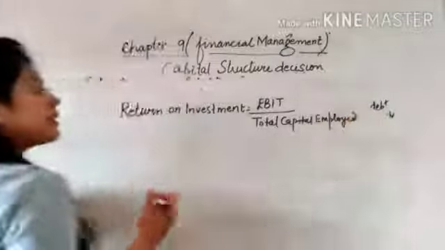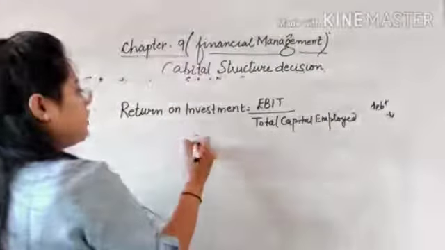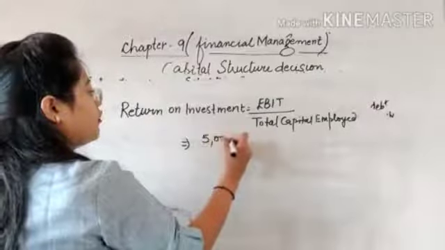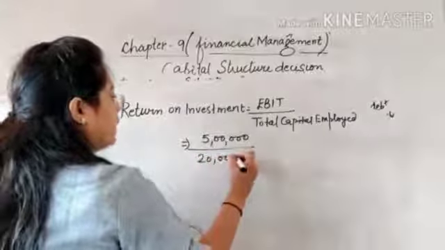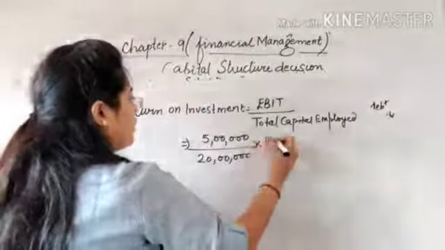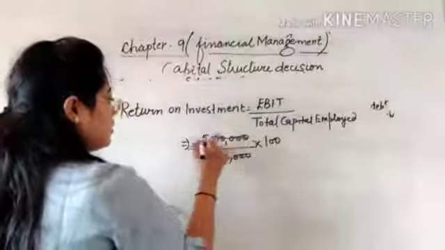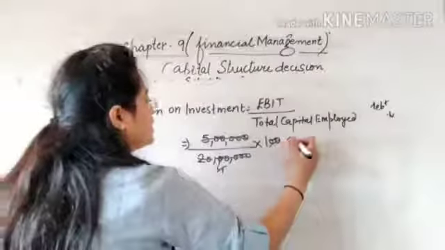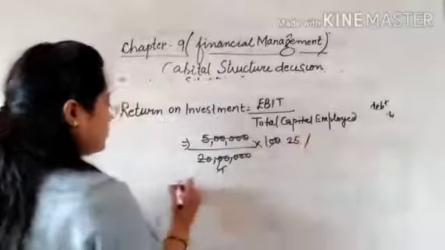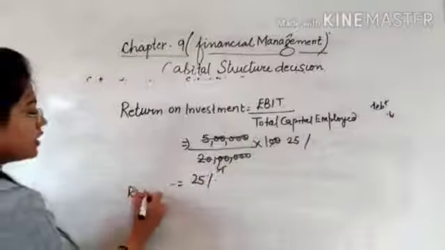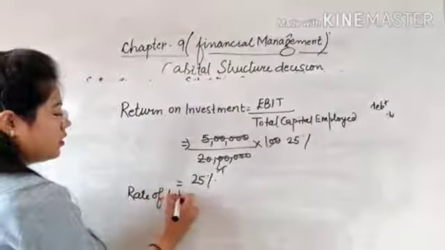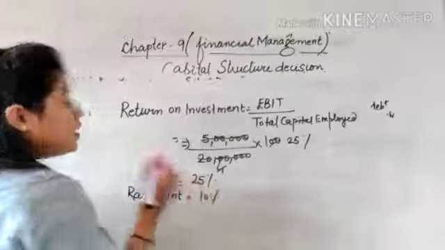Like in the previous example we have discussed, we have EBIT of 5 lakh, total capital employed is 20 lakh, into 100, it is 25%, and rate of interest is 10%.